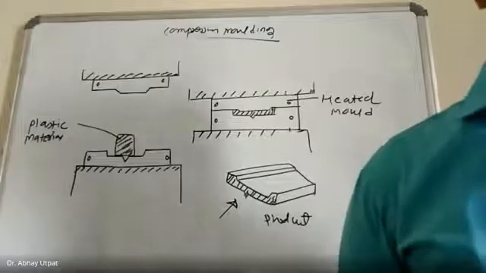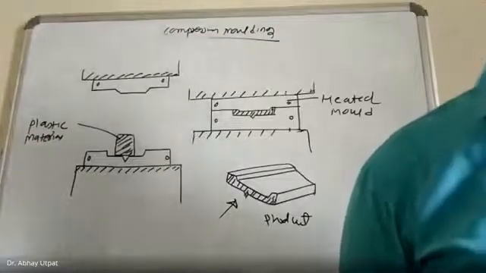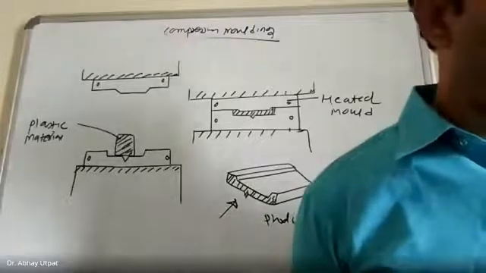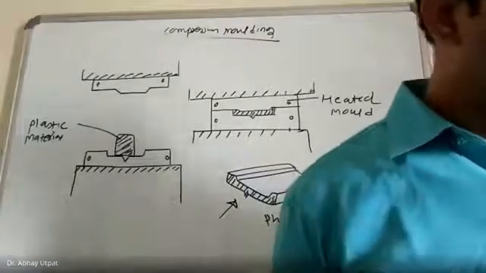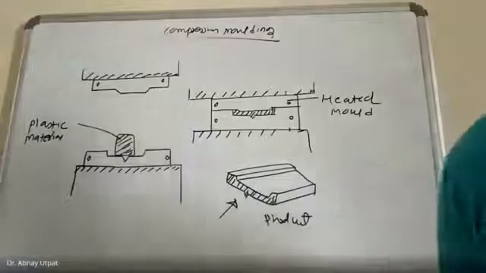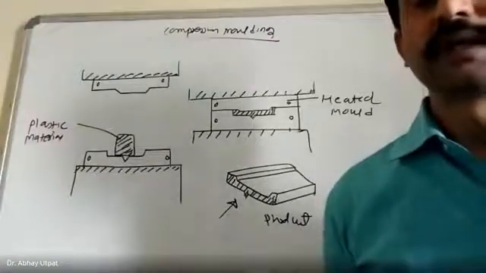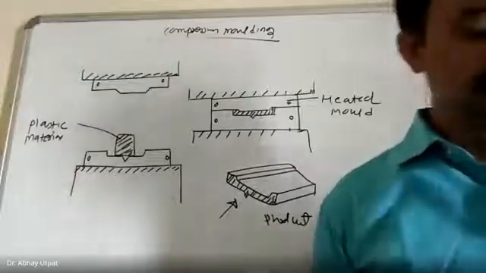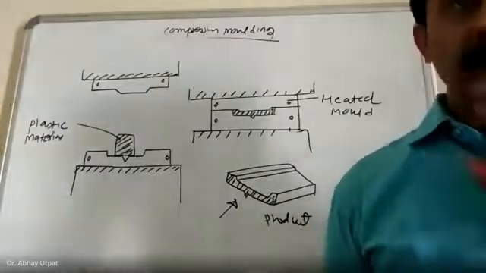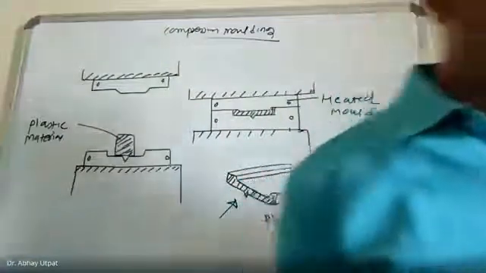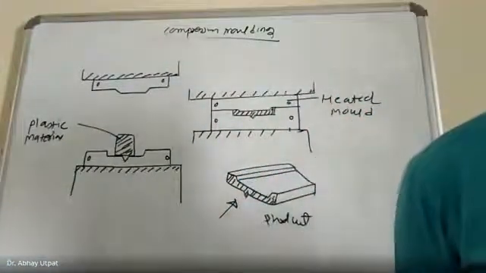Full stop. It is widely used for thermosets like phenol formaldehyde, in bracket, bakelite.